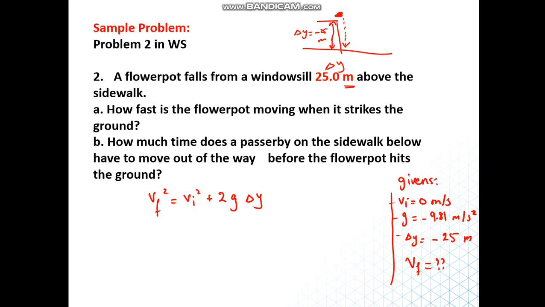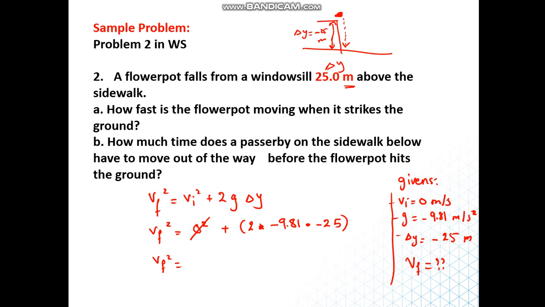You will find that this equation will help us solve the problem in one step. So let us substitute: v final squared is equal to v initial squared, which is 0 squared, so we can cross this term out, plus 2 times negative 9.81 times negative 25. Try it with your calculator.